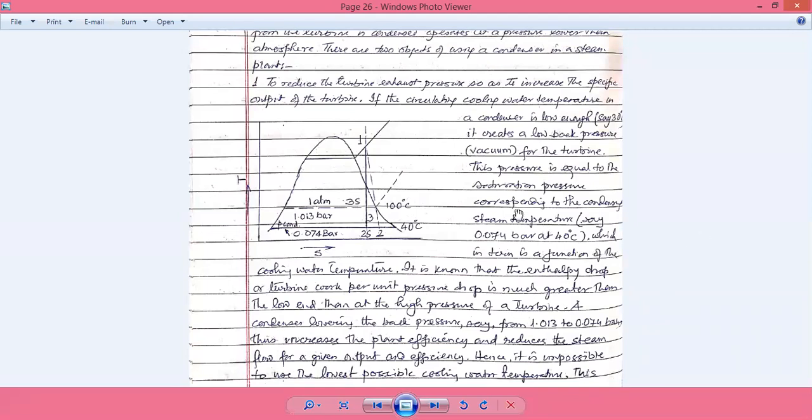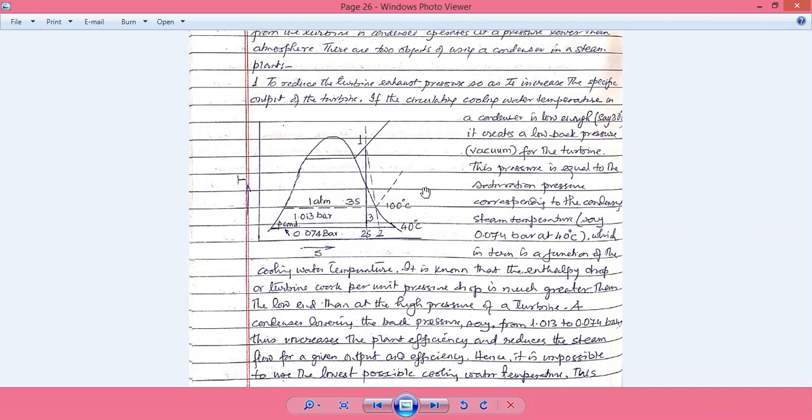The condensing temperature, say 0.074 bar at 40 degrees centigrade, is in turn a function of the cooling water temperature, at the outlet of the condenser.